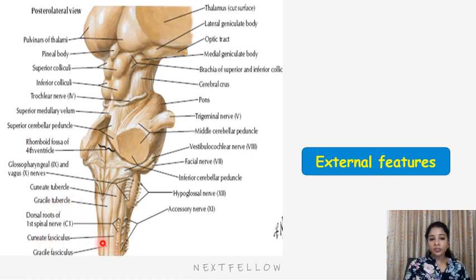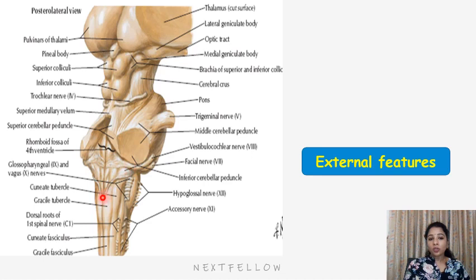Similarly, the cuneate fasciculus or tractus cuneatus ends up here in an elevation called the cuneate tubercle, deep to which the cuneate nucleus is there, and here deep to which the gracile nucleus is located. And the lateral most elevation is the inferior cerebellar peduncle. So these are the features which we can see on the closed part.